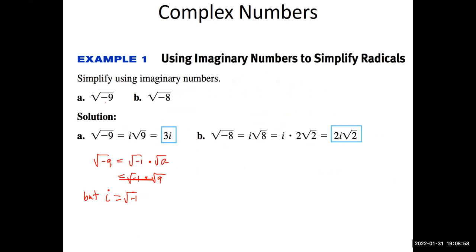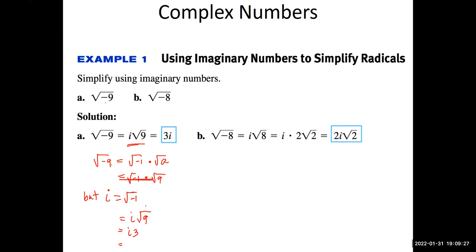So therefore, itong square root of negative 1 natin would be equal to I multiplied by the square root of 9. So kaya tayo nag-arrive dito. So we'll copy I, and then the square root of 9, so 9 is a perfect square. So the square root of 9 will be equal to 3.